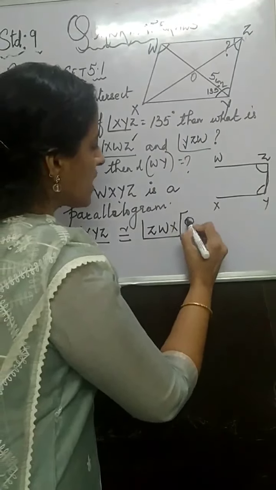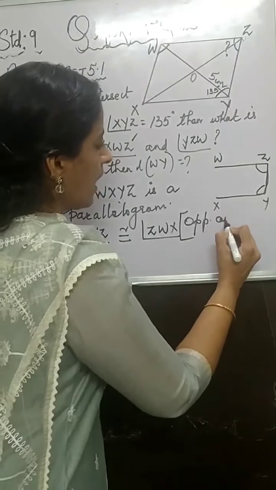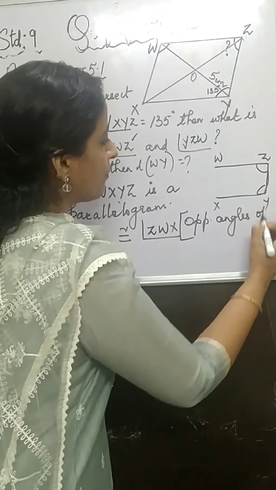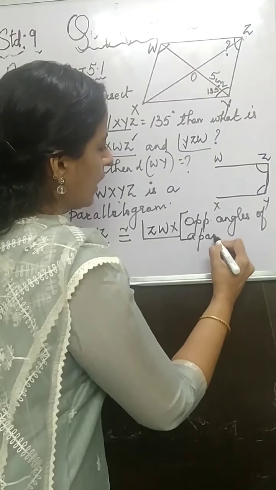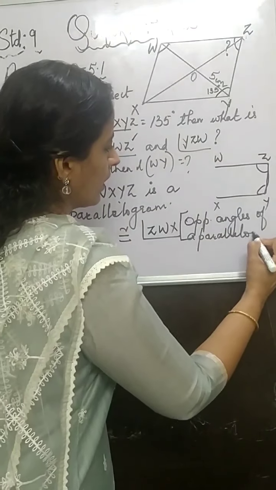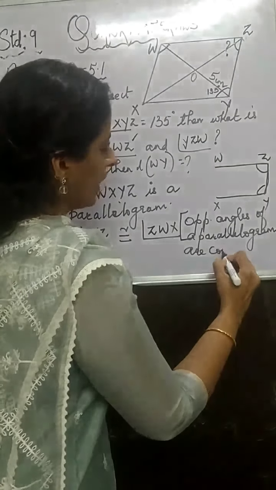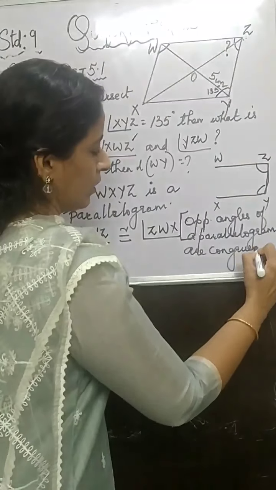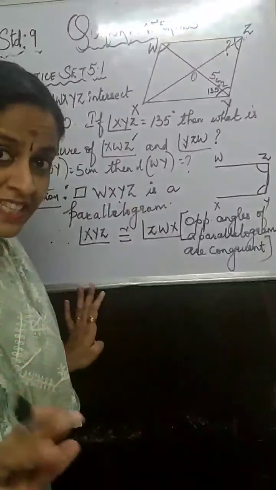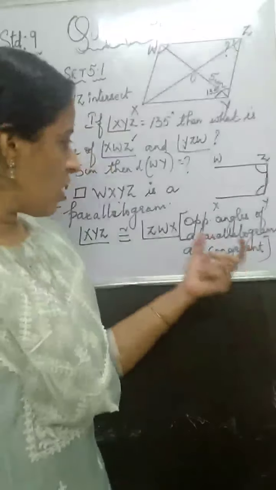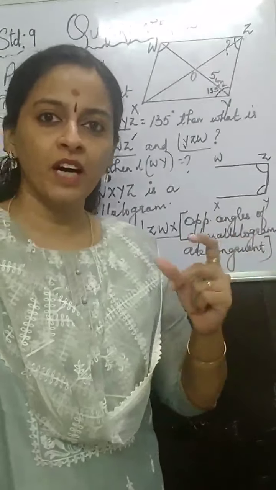Now write down the reason. Opposite angles of a parallelogram are congruent. Don't be lazy, you will get marks for this. Opposite angles of a parallelogram are congruent.